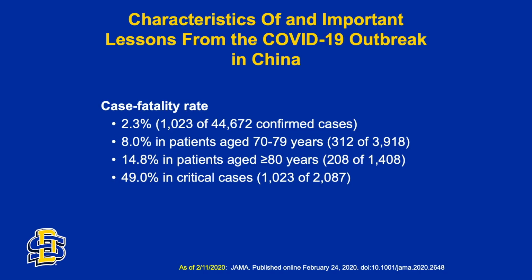The study in Wuhan that looked at the different demographic characteristics also found a mortality rate overall of about 2.3%, and their data was reported in the middle of February of this year. They also found that mortality increased with increasing age. For example, older people had a mortality rate of about 15%.